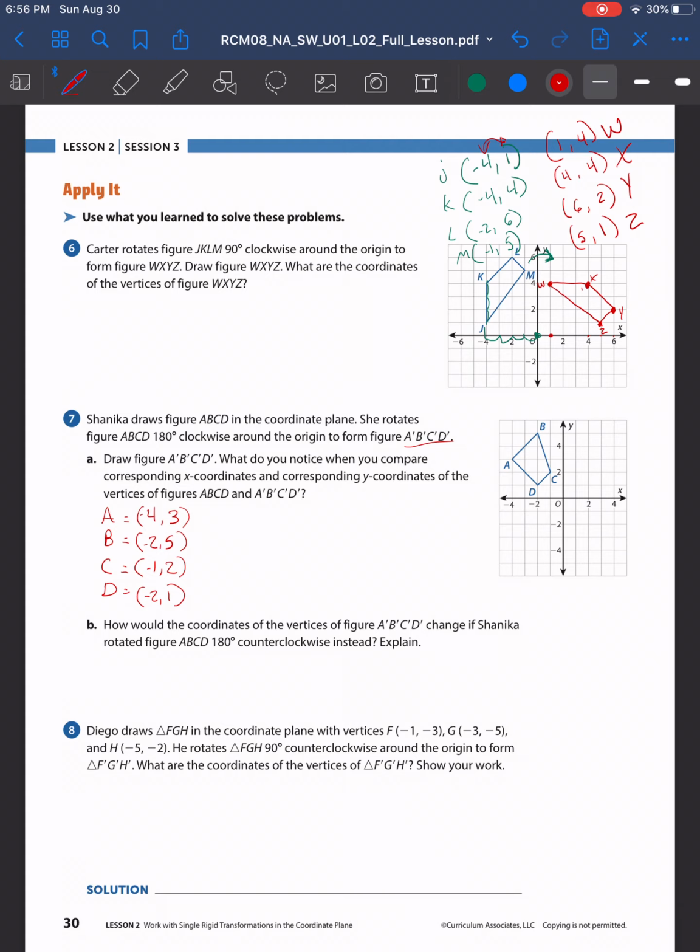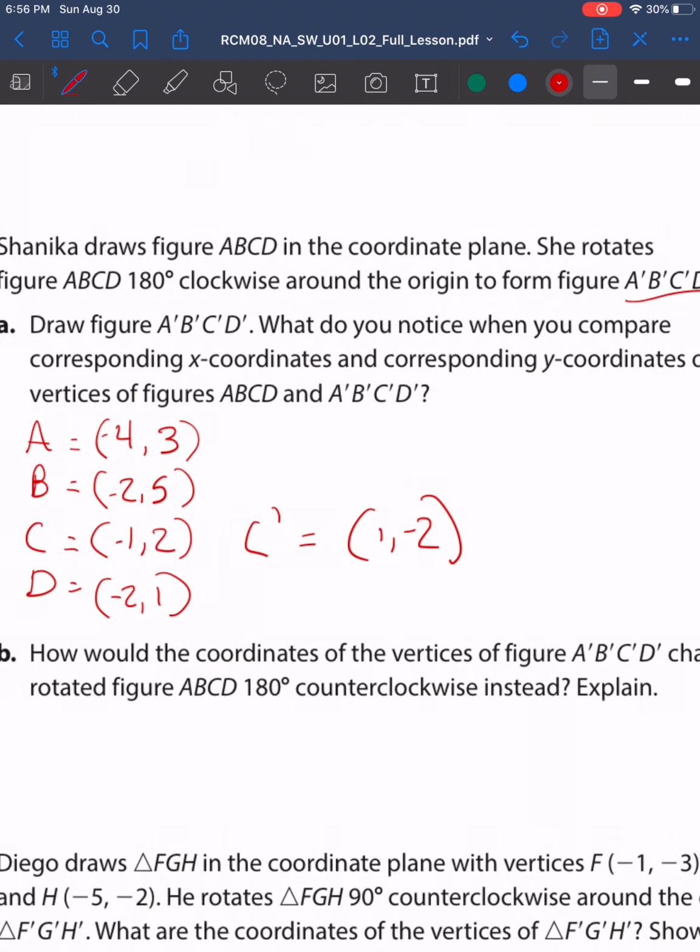But maybe their negative signs change? Let's try that. Let's see, if I had the new C, let's say C' would be 1, -2. Ooh, let's try that, you guys. Let's just see what happens.